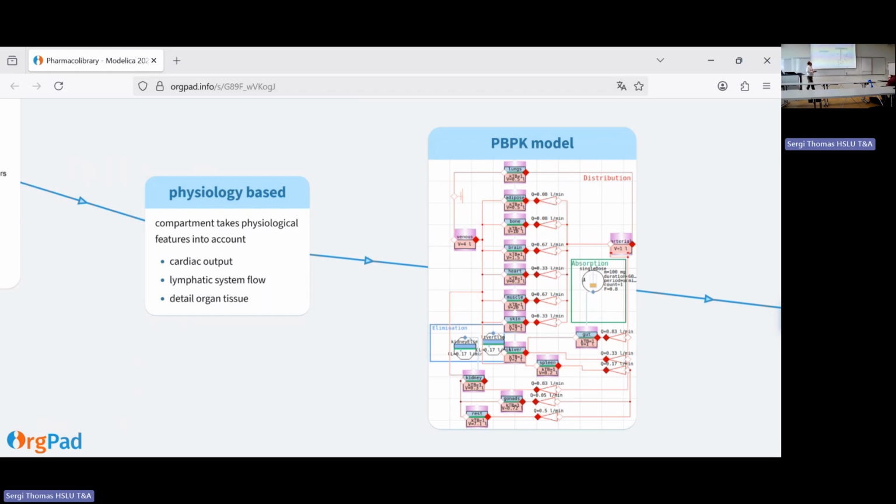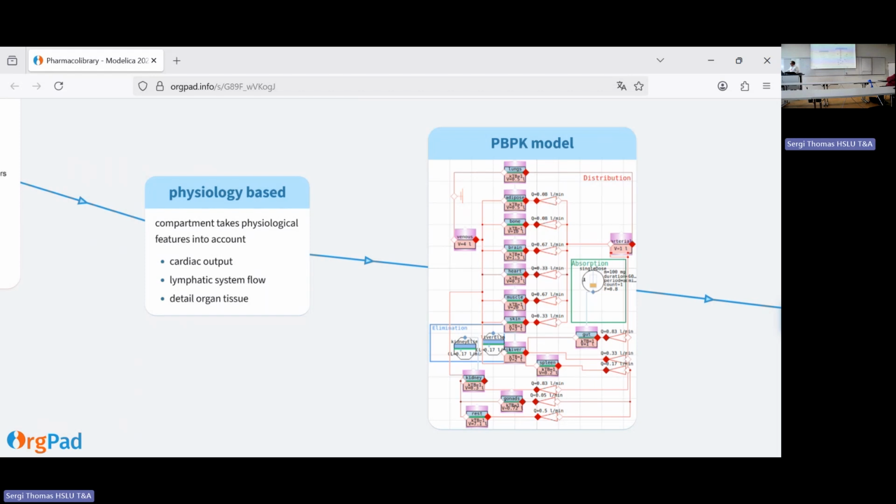So here in the physiology-based pharmacokinetic model, we have the compartment for all possible tissues, but it is very hard to measure in experiments in all the tissues. So it is also hard to get the parameters. But for some drugs, it was done, and here you have the absorption in the gut, then it goes to the liver, and it is distributed through the portal vein to lungs and then to other tissues.